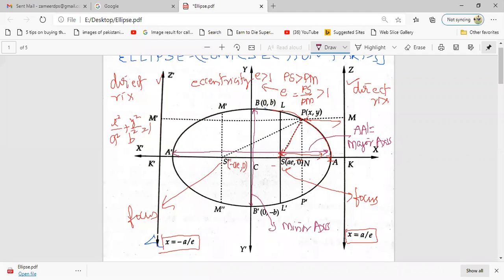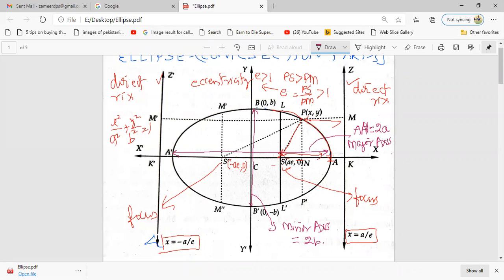So A to A dash is equal to 2A, the length of the major axis, and the length of the minor axis is 2B.